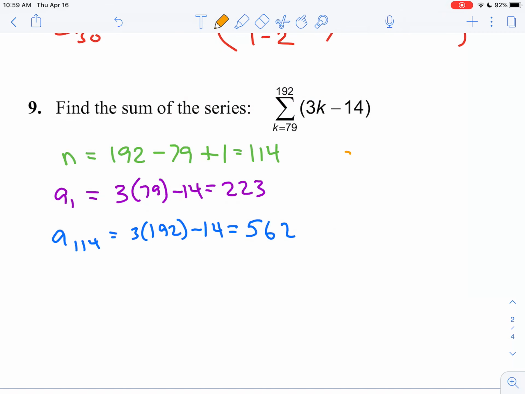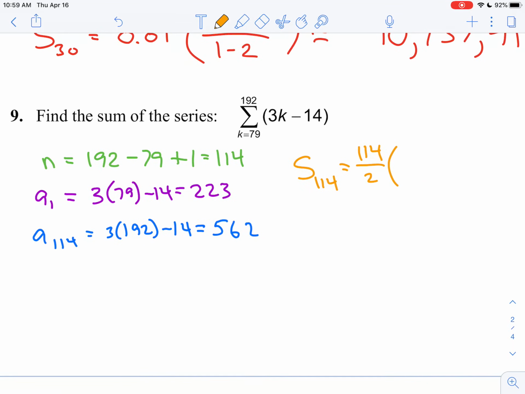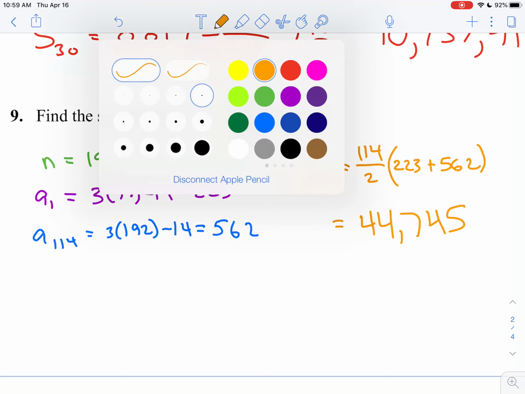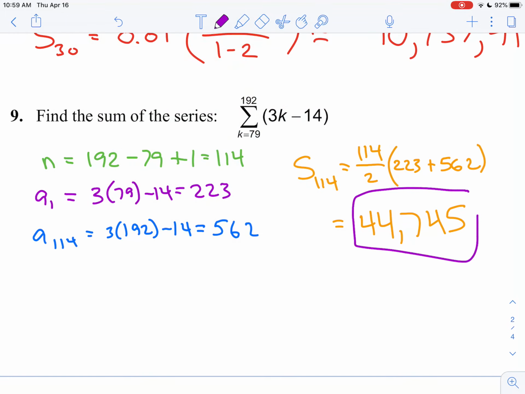Now we are ready to add up all 114 terms. So 114 over 2. The first term was the 223. And the last term was the 562. Grab that calculator for the sum. 44,745.